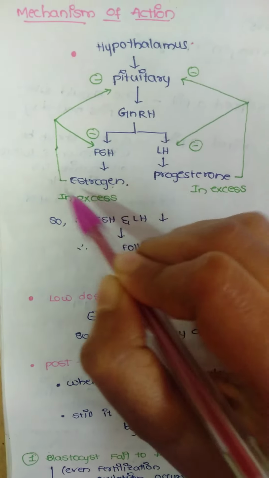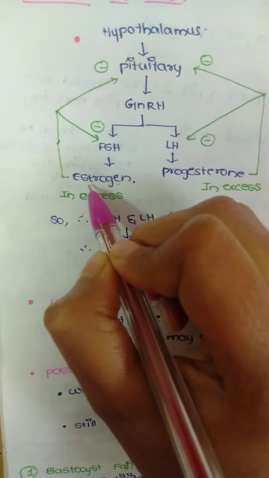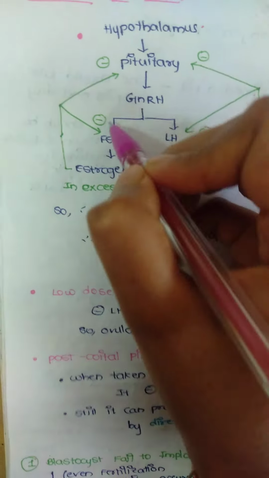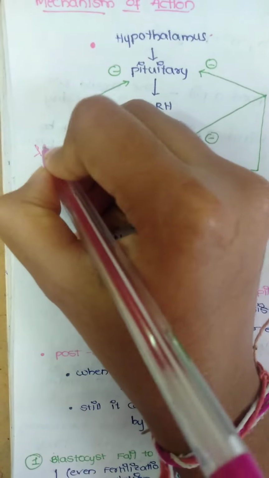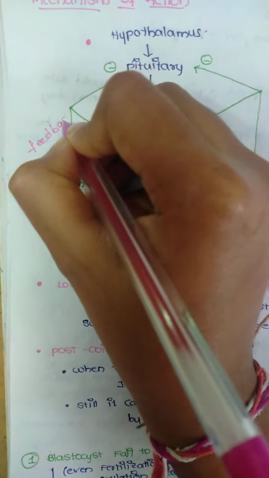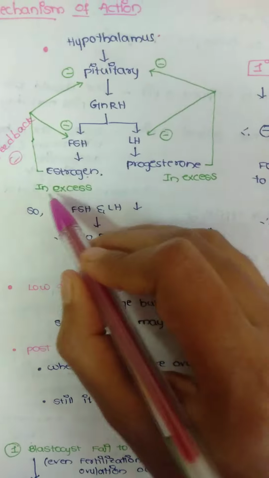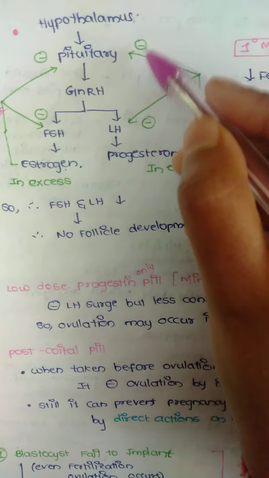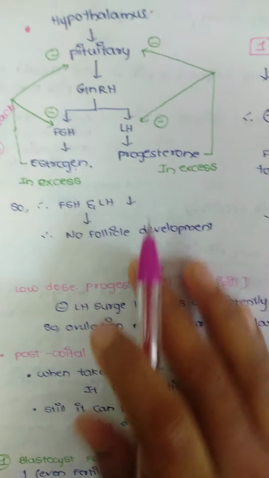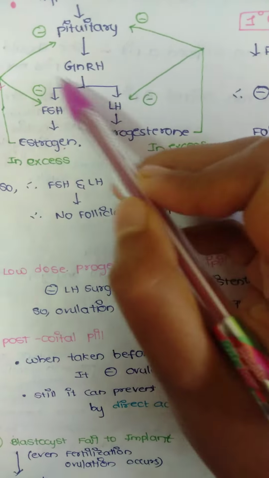If we give estrogen in excess, it inhibits FSH release from the pituitary by feedback inhibition. Progesterone in excess similarly inhibits LH release from the pituitary, so the gonadotropin releasing hormone will not be secreted, and FSH and LH levels will decrease.